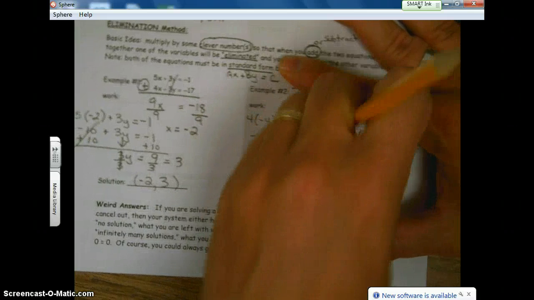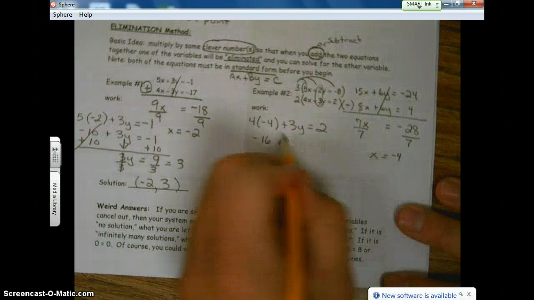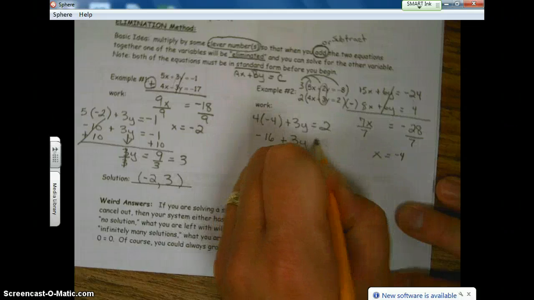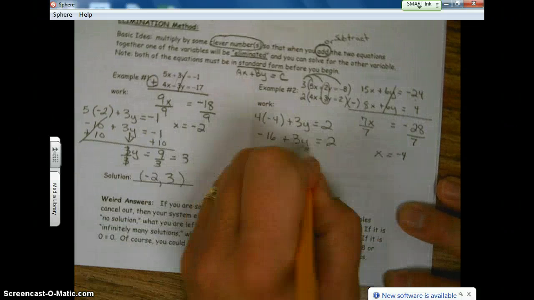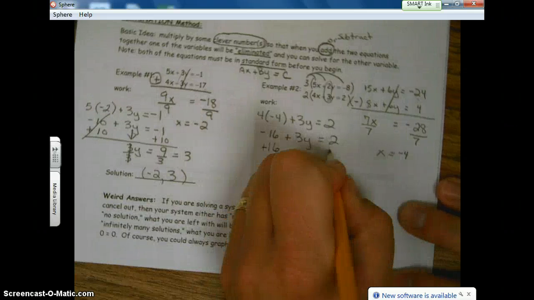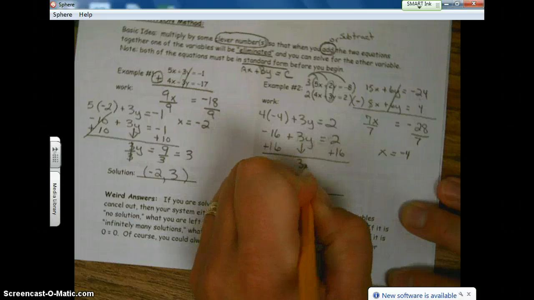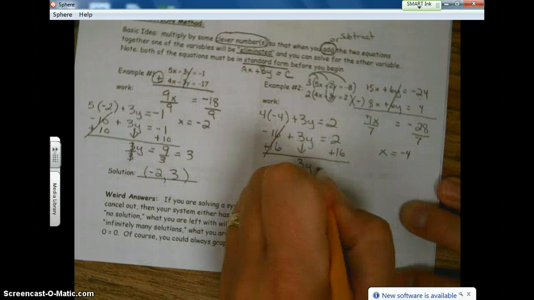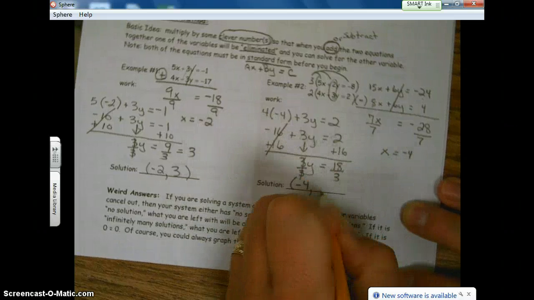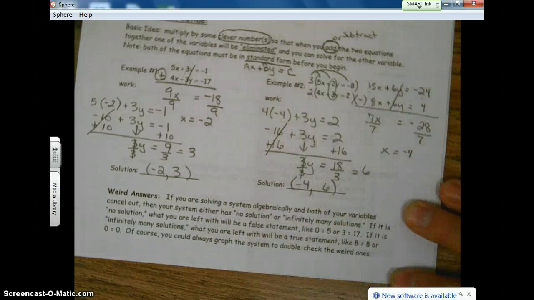Sometimes hurrying is not the best thing to do, even though I'm going to run out of time here real quick. Multiplying these together. Okay, we're solving for y, so I have to cancel the -16. Bring down the 3y equals 18. Divide by 3. Y equals 6. There's your point of intersection.